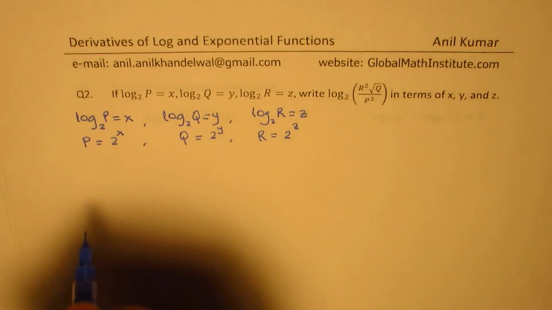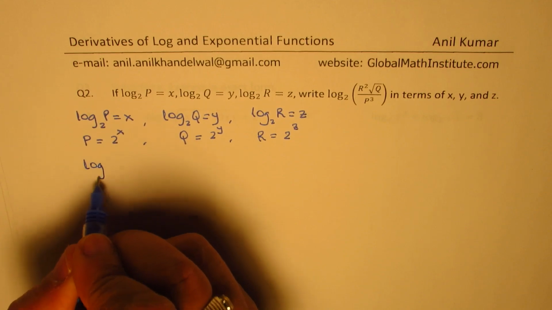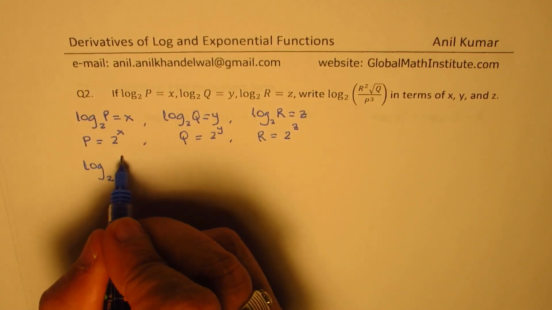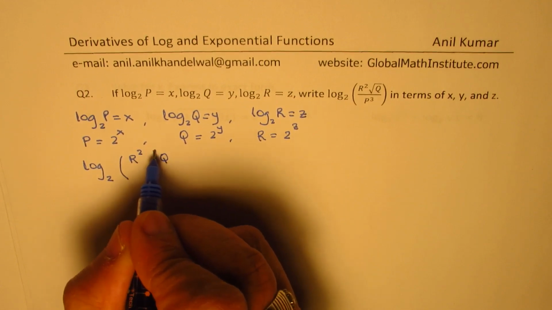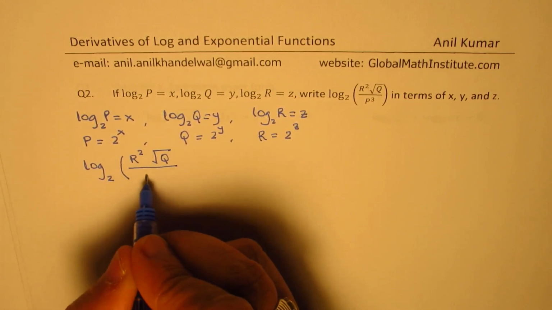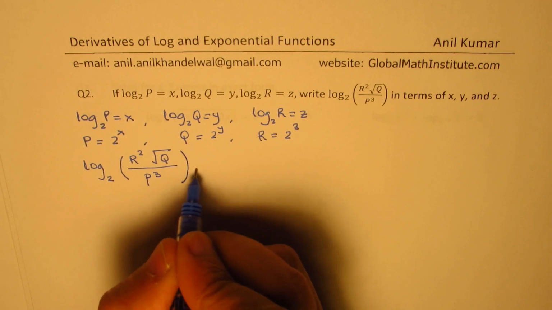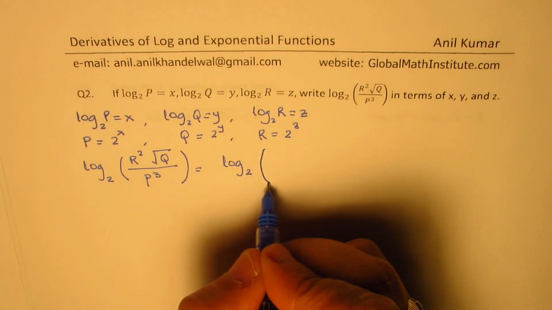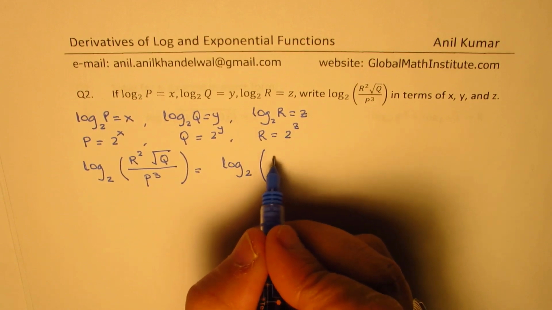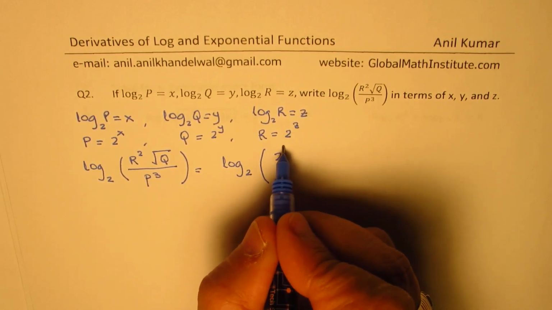Now let's look into the expression, which is log to the base 2 of r squared square root of q over cube of p. Okay, so that is log to the base 2 of r squared, which means 2 to the power of 2z, right?